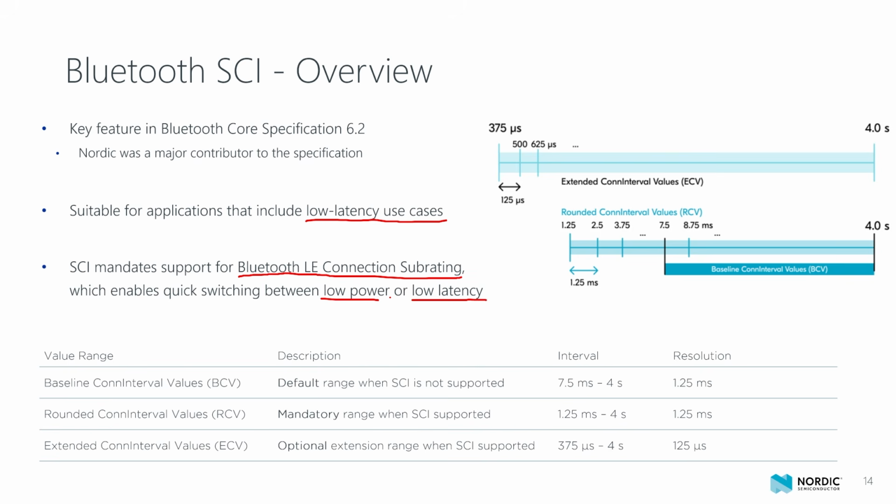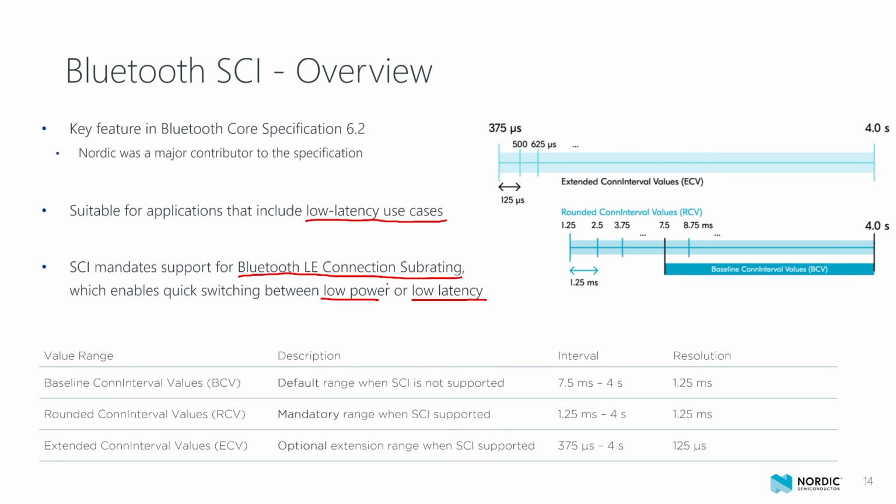If you think about the use case for gaming HID, let's say you have a mouse and you're playing a game, first-person shooter or something that requires quick reaction, you could be in a low latency mode. And then when you come out of the game and you're just doing regular web browsing, you can go to a more low power mode where you don't communicate as often between the mouse and the computer.